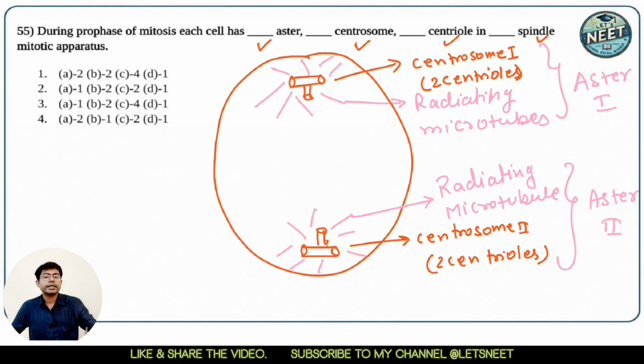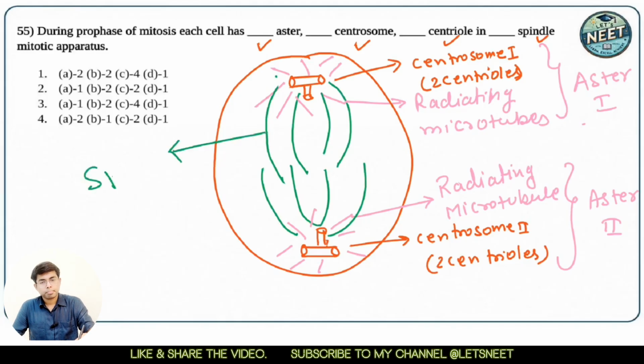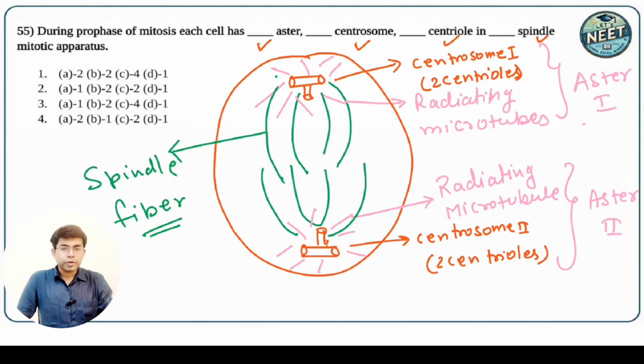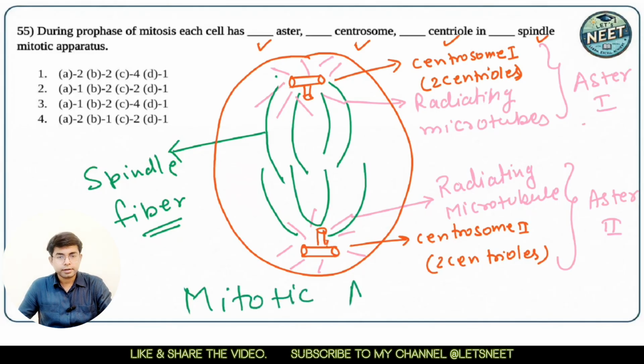So in a dividing cell during mitosis, how many aster are there? 2 aster are there, one at each pole. Then along with this aster, there are some spindle fiber like this. Spindle fiber, right? So the aster along with the spindle fiber together is called mitotic apparatus. So the whole thing is representing one mitotic apparatus.